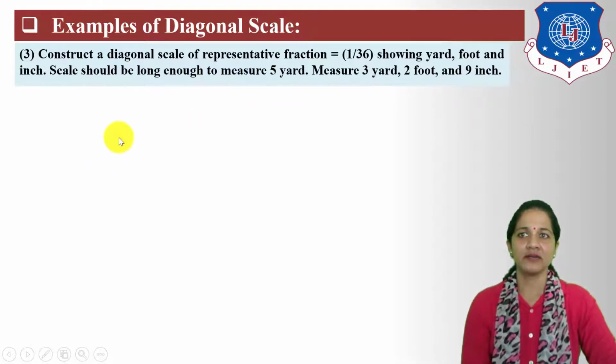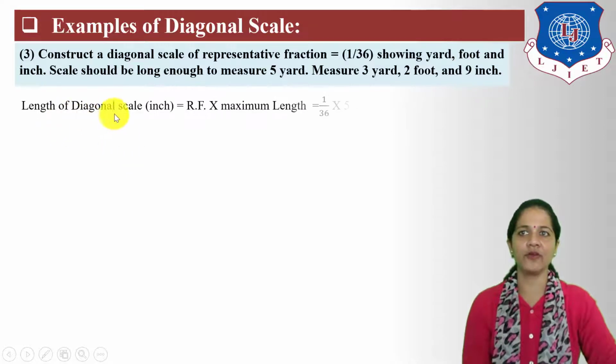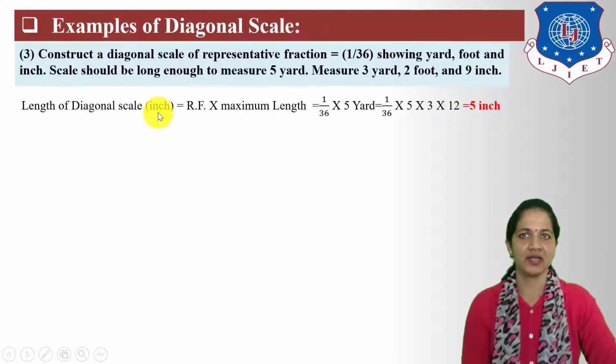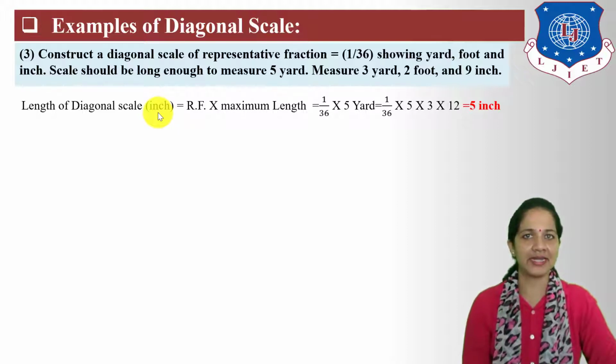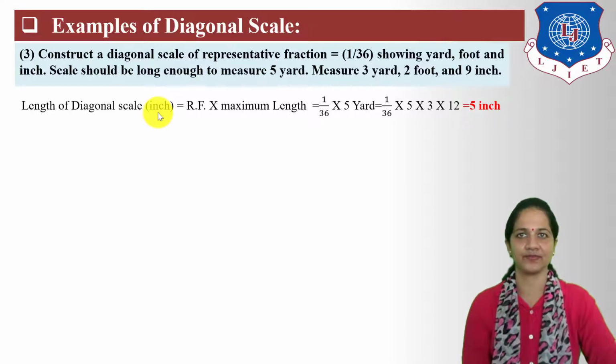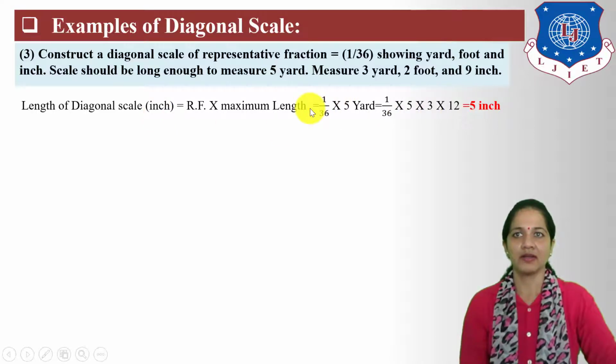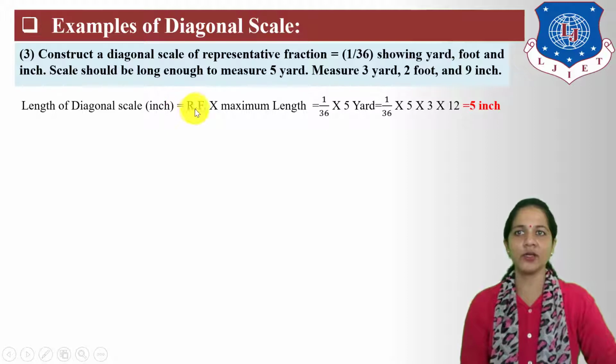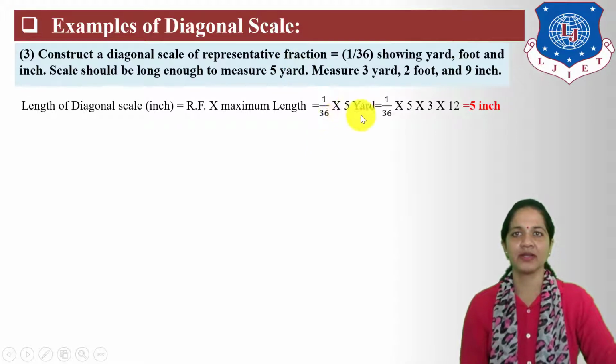First, find out the length of the diagonal scale in inch, because we can draw the scale with centimeter or inch size. Length is equal to RF into maximum length. Here RF is given as 1/36 and maximum length is given as 5 yard.